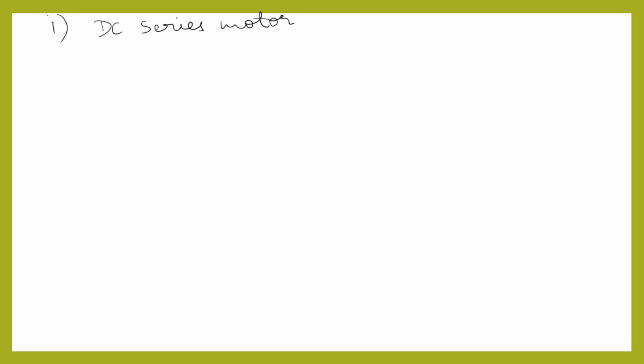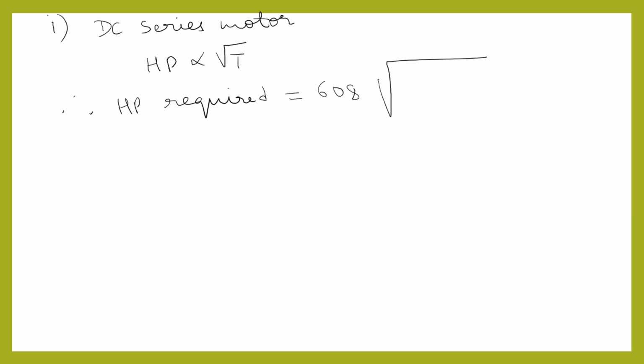So for DC series motor, horsepower is proportional to square root of T. Therefore, the power required is equal to the power on level track into square root of Ft required by Ft on a level track.